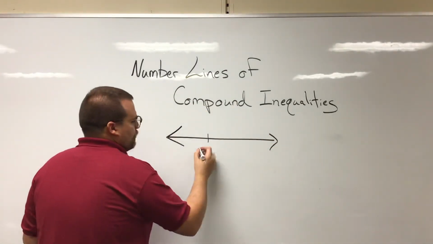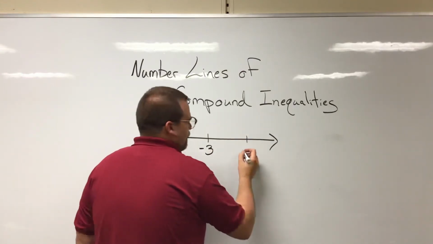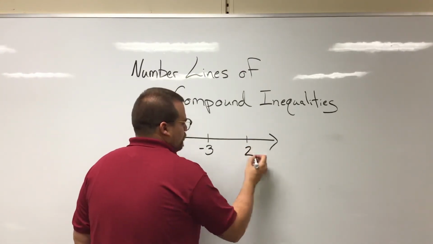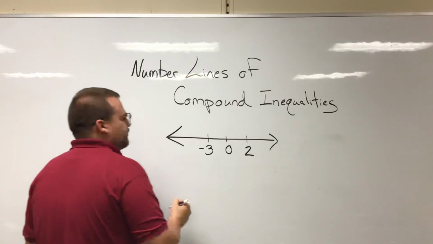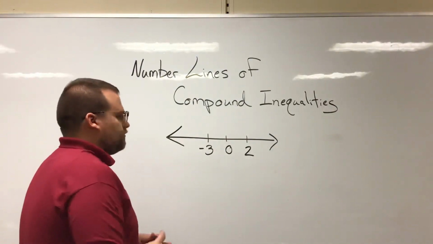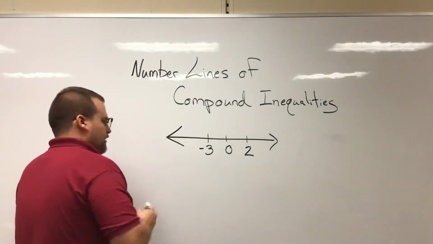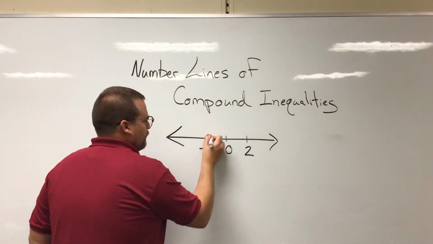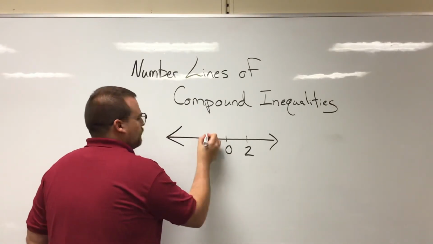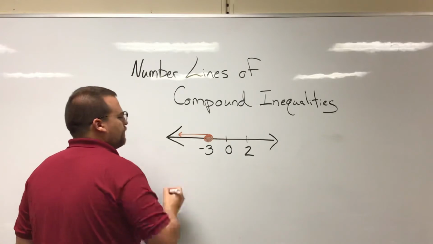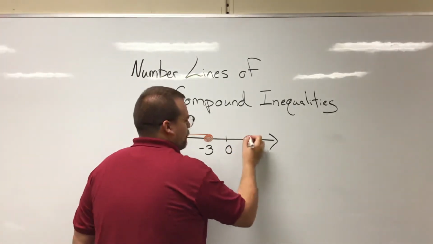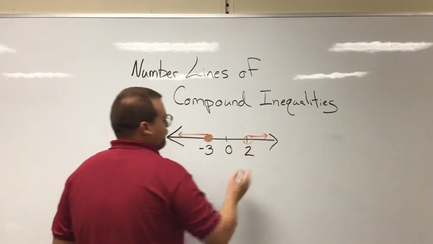I'm going to do -3 and then 2, and I'm just going to put 0 between them here somewhere. I'm going to say we have a closed circle, arrow going this way. We have an open circle, arrow going this way.